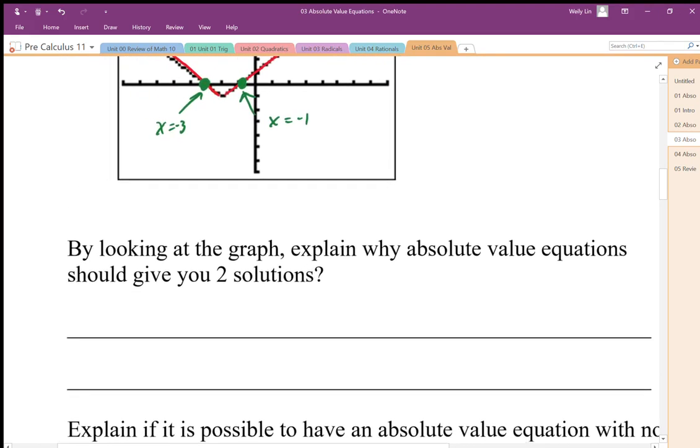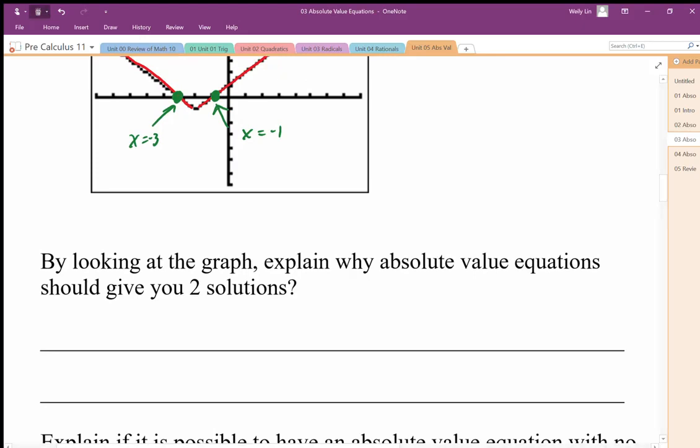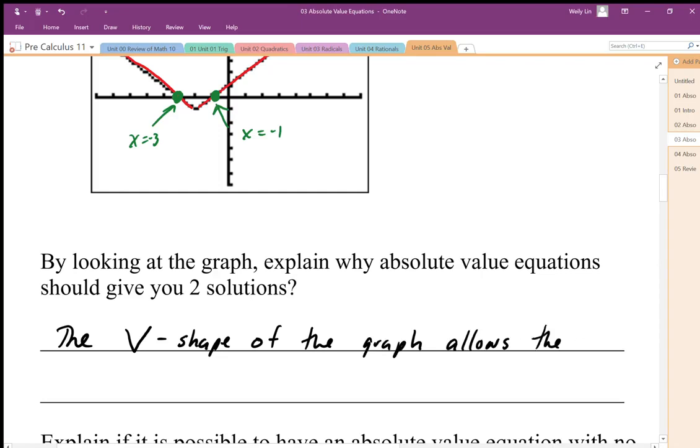So why does absolute value give us two solutions? Okay, so the absolute value, the V shape of the graph allows the graph to cross the x-axis at 2 points.